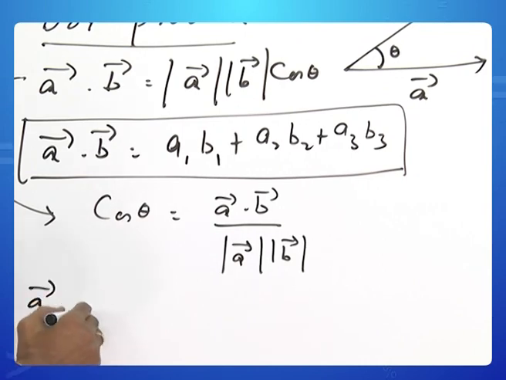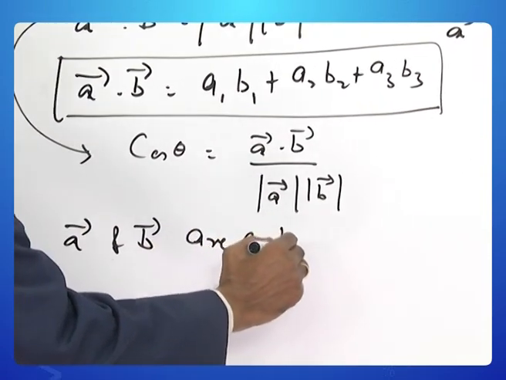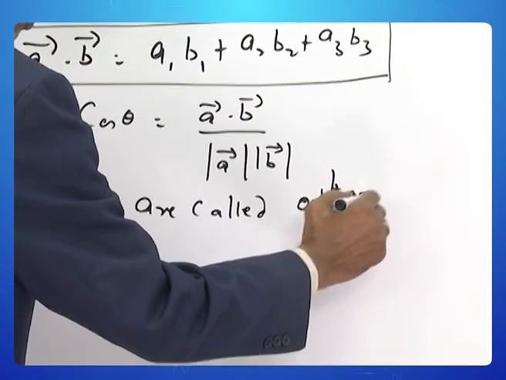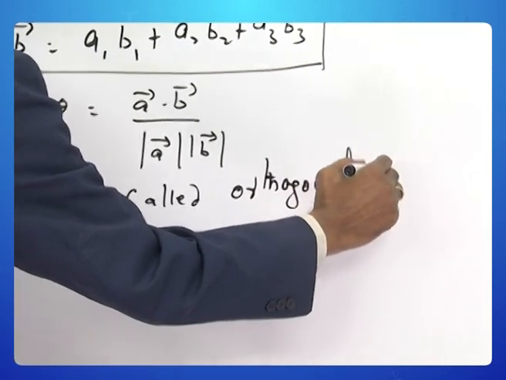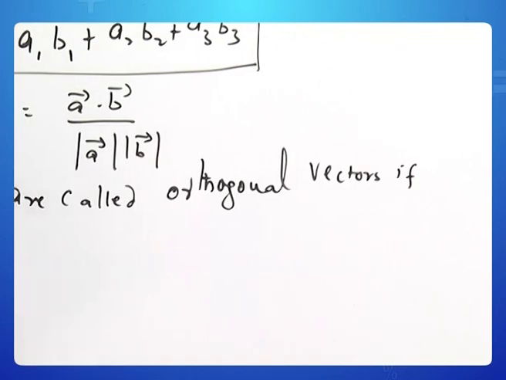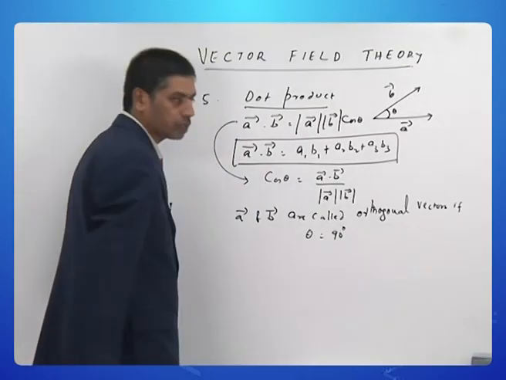A and B are called orthogonal vectors if theta is equal to 90 degrees.